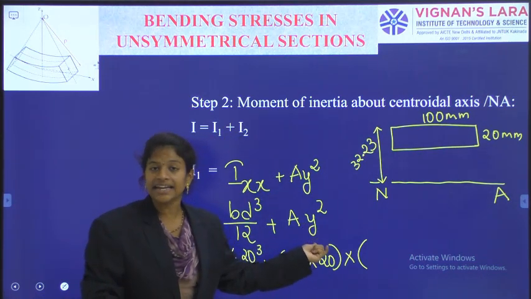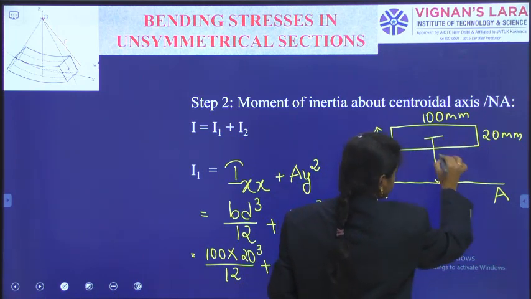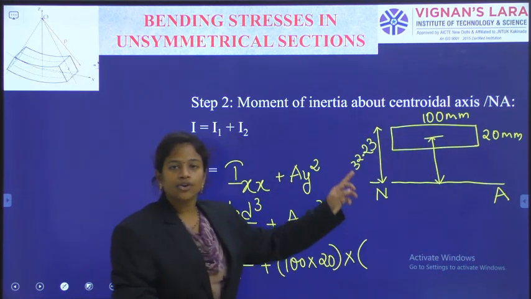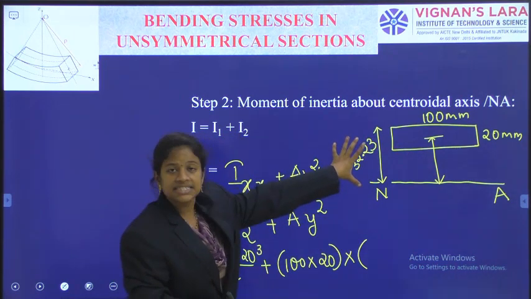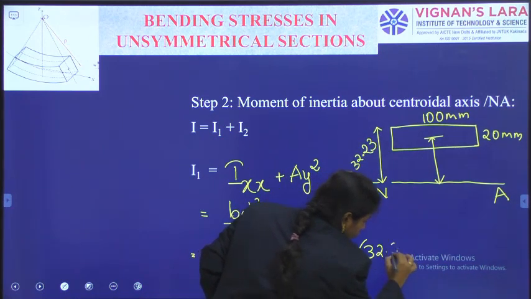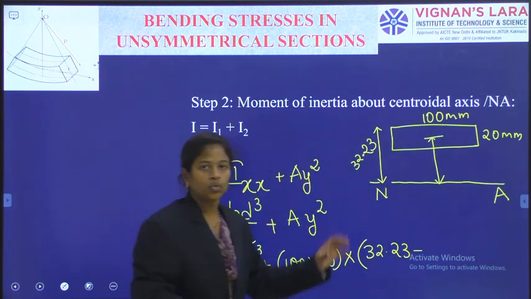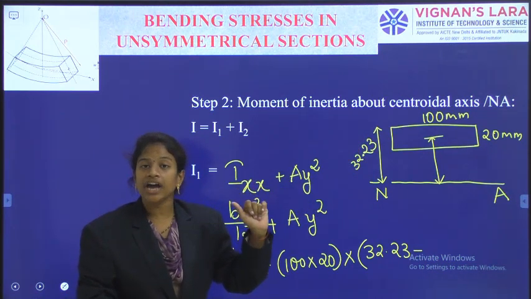y is indicated here as the distance of the centroid of portion A from the neutral axis. Okay, so 32.23 is the measurement I know. And minus how much should I remove?